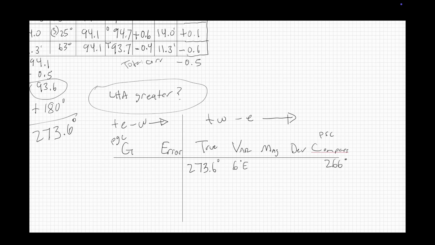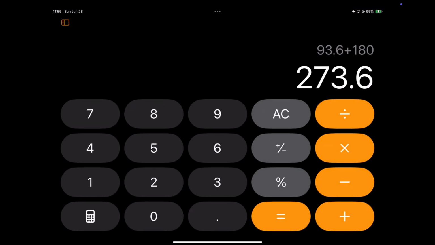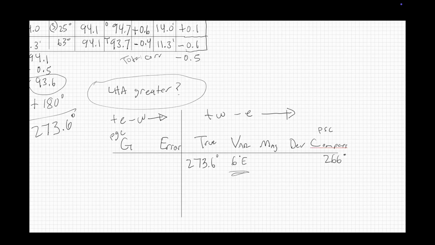So we're going to go from here to here. We see this is east right here, so we're going to take this and subtract it. 273.6 minus 6 degrees equals 267.6. 267.6 degrees. That's my magnetic compass.